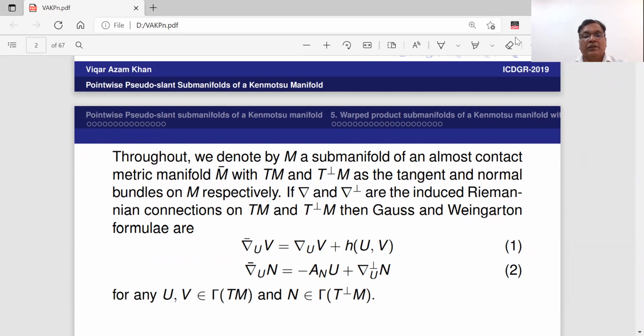These two are related by equations number 1 and 2. When you differentiate a normal vector field, you get formula number 2. And when you differentiate a vector field tangential to the submanifold, you have formula number 1, known as the Gauss formula. The second one is the Weingarten formula. These will be our notations.